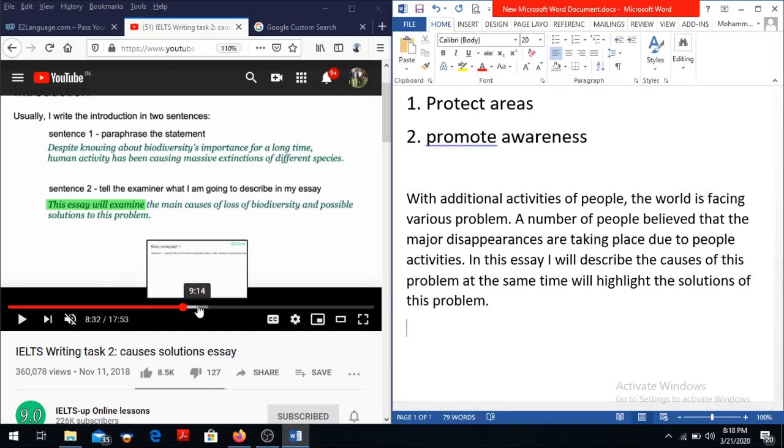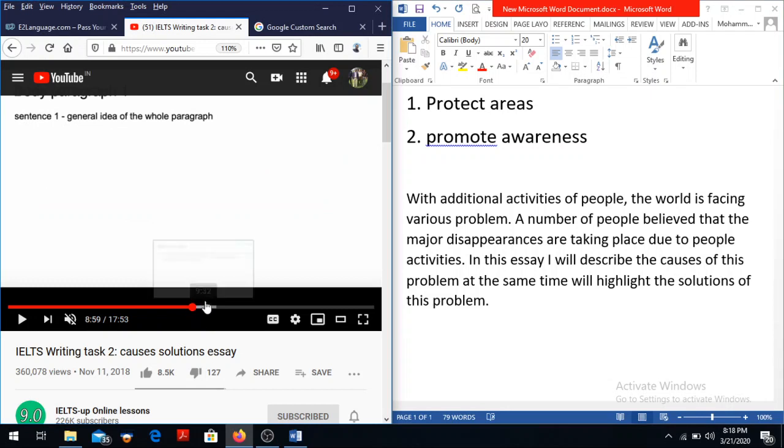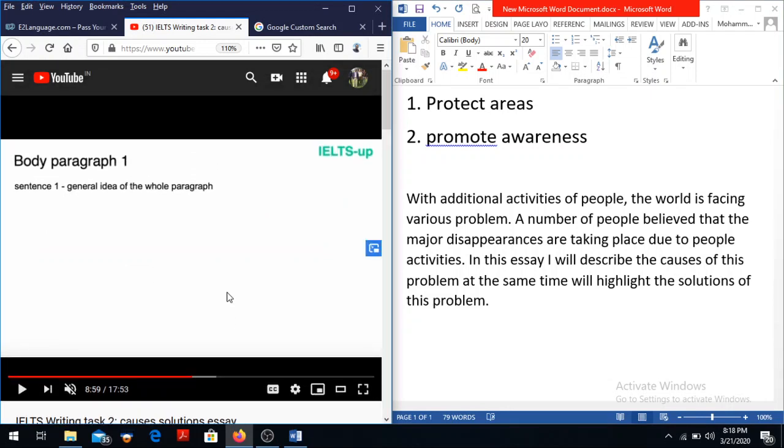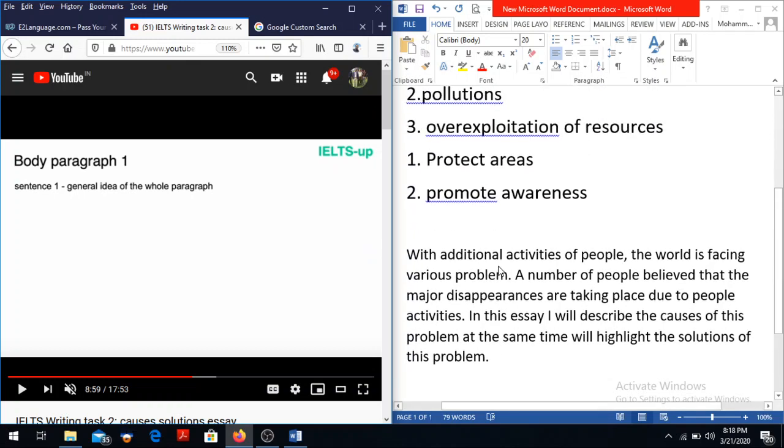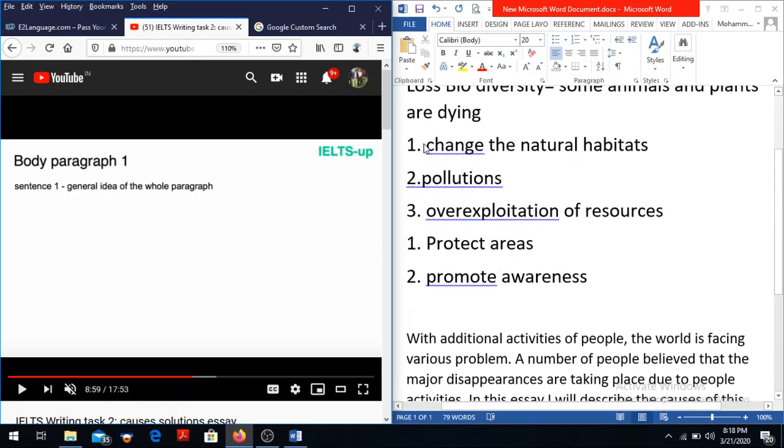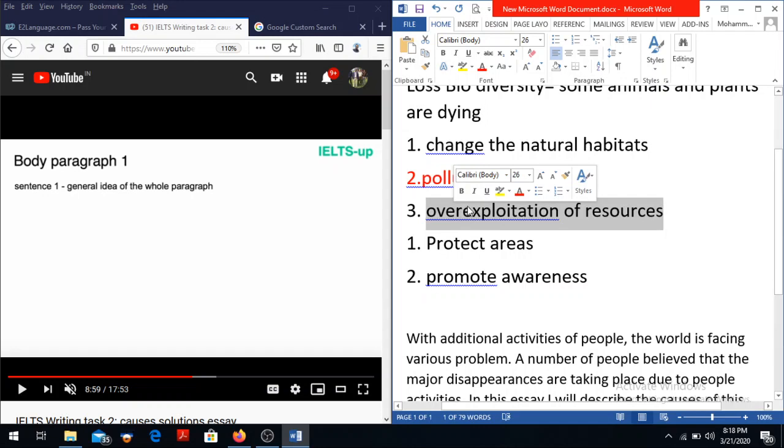So now let's go for body paragraph 1. In body paragraph 1 there will be a general idea of the whole paragraph. So the general idea is we will be writing about pollution and over exploitation of natural resources.